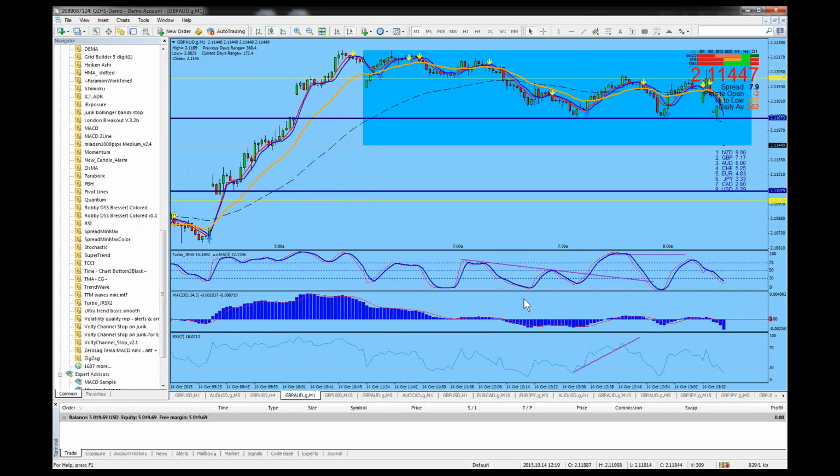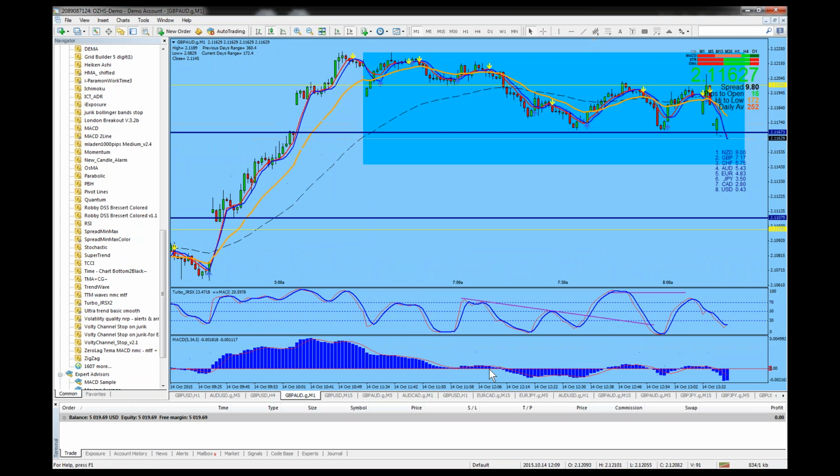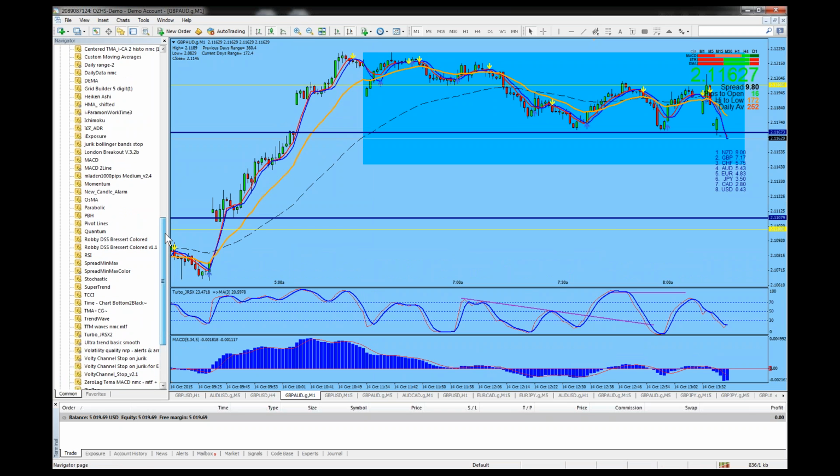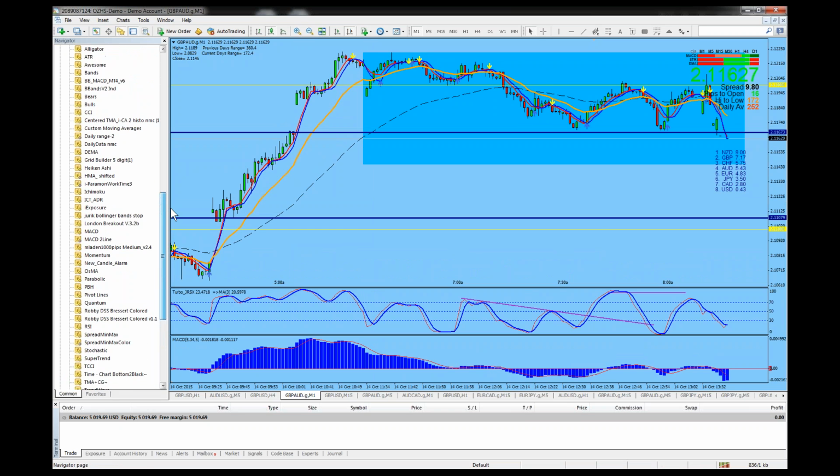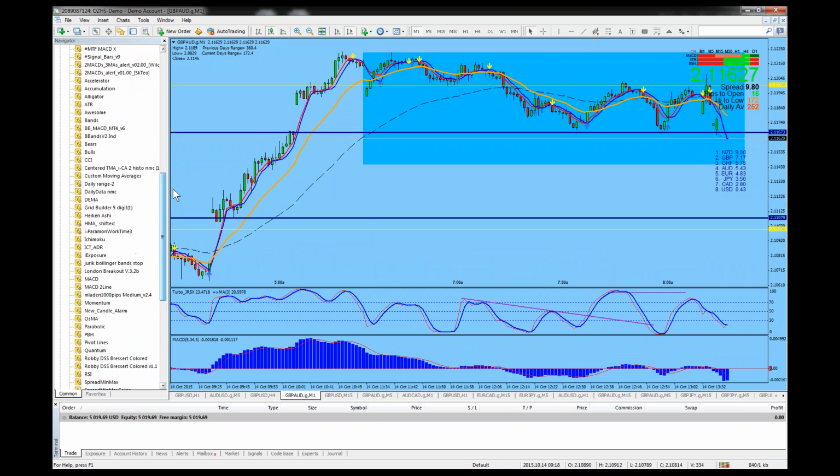Bressert's got an indicator that's something similar to your turbo, isn't it? If I remember Bressert, and do I have? I know I have it. Let me just see if it's in this platform. No, I do have it though. Bressert, also Laguerre with a moving average on it was similar.